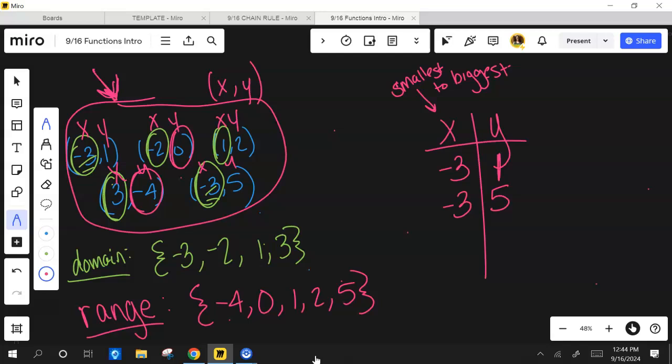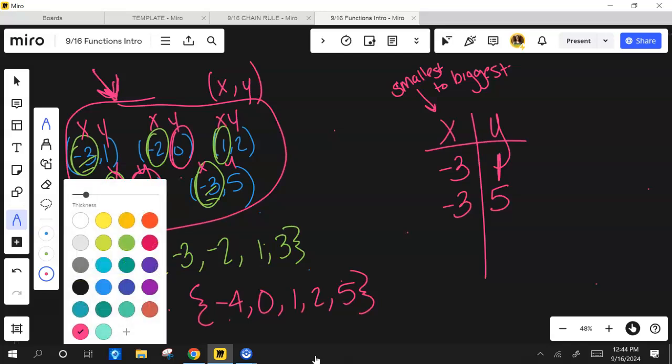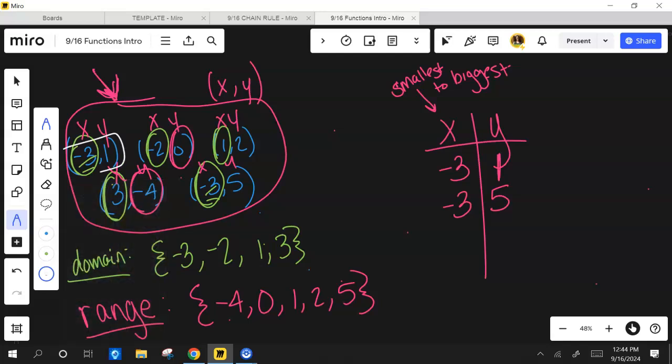All right, look. I'm fixing to show you. -3, 1, look at that very first point, and -3, 5. If it's on there twice, you got to put it on there twice. I think you're thinking about something else that we're fixing to do, and I think you're thinking about the mapping one we're fixing to do.